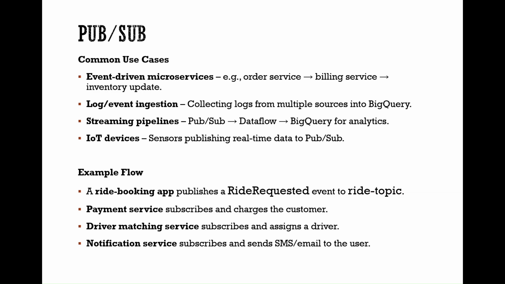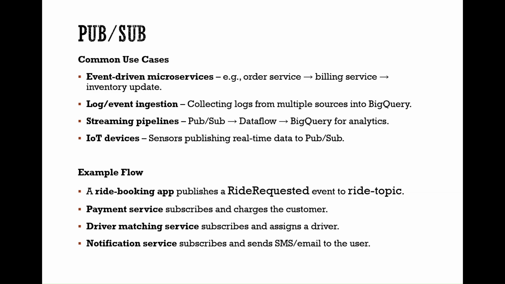So once the ride requested event has been received by the topic named ride topic, the subscriber payment service will receive that request and send payment related information to the customer. The driver matching service, which is also subscribed to this topic, will do its work, match a driver, and send back the response to the application: this is your matched driver.